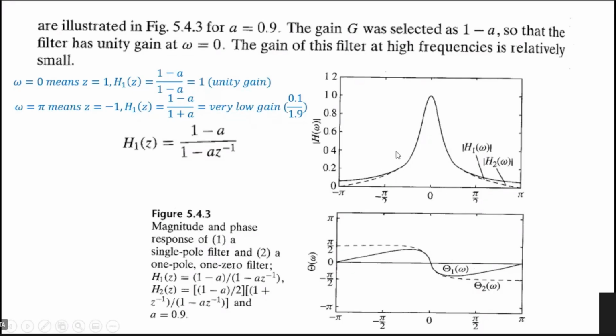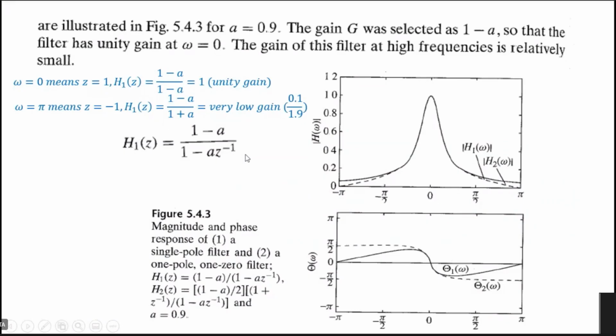H omega or H of e to the power j omega is the same thing, that is H of z, simply written as H of omega, on the y axis. There are two transfer functions, one is H1 omega and another is H2 omega. First let us discuss H1 omega or H1 z, which has the transfer function (1 minus a) divided by (1 minus a z inverse).